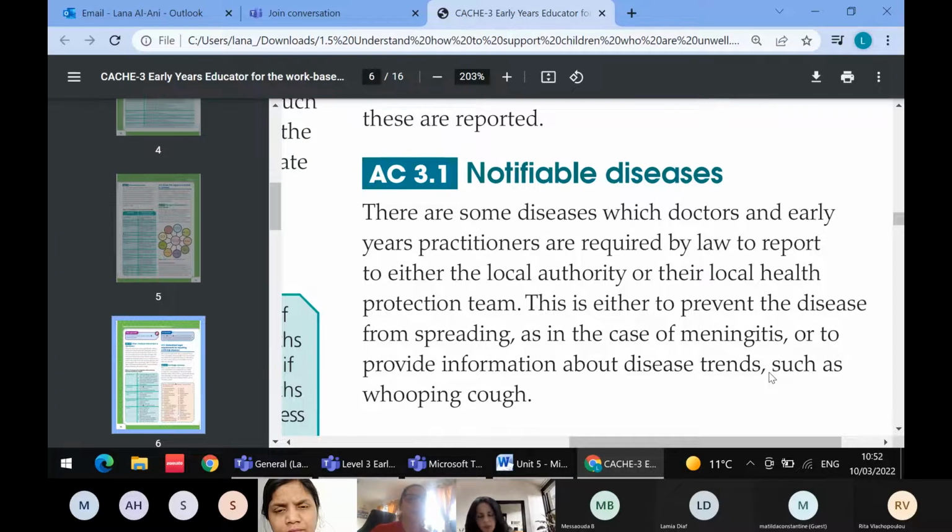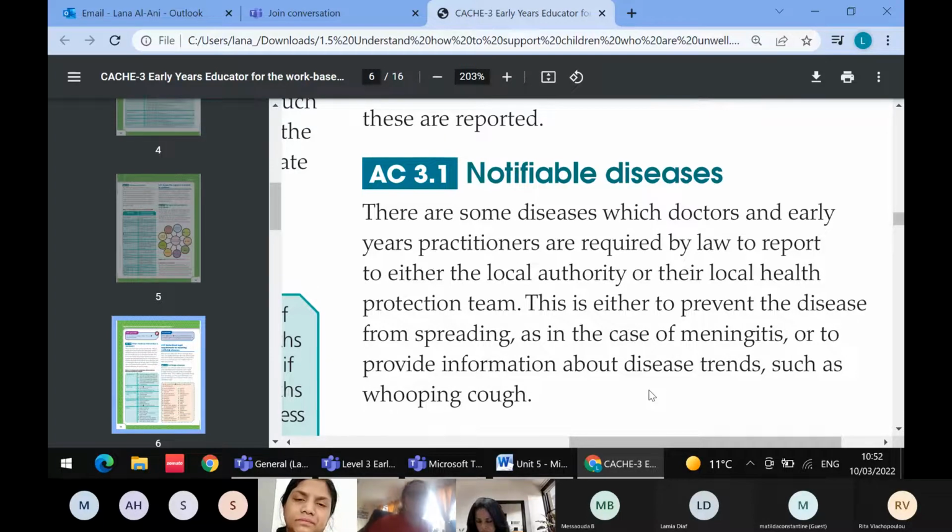They are dangerous, so we have to report them, either to the local authority or their local health protection team. These diseases are spreadable, so that's why by law we have to record them, to prevent the spreading of these diseases.